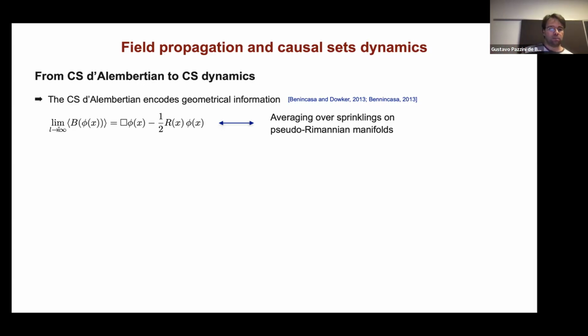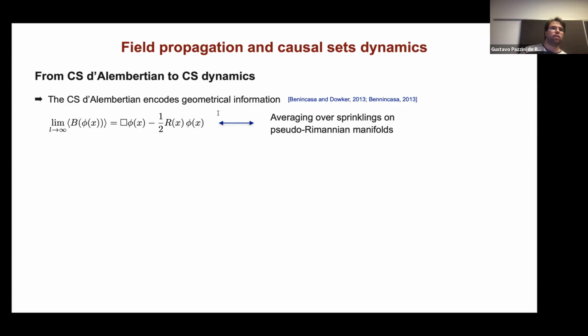And again, this was supposed to be L going to 0, so the discreteness scale going to 0, sorry for the typo. Now if you average this object over sprinklings into pseudo-Riemannian manifolds, not only sprinklings on Minkowski, then besides the D'Alembertian acting on the scalar fields, you also get another contribution that encodes the scalar curvature of the manifolds.